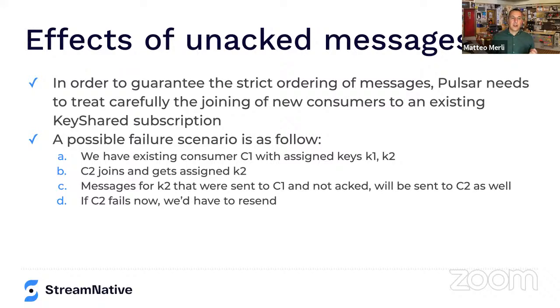The catch here is that we cannot immediately send the messages for key 2 to C2, but instead we have to wait until everything gets acknowledged. Otherwise, if C2 receives messages and then fails, we have to send them back to C1. At that point, you might get out-of-order delivery. That's what we want to avoid.